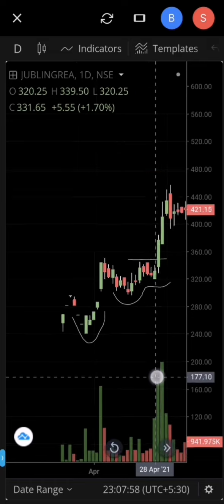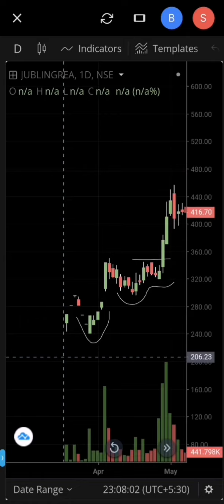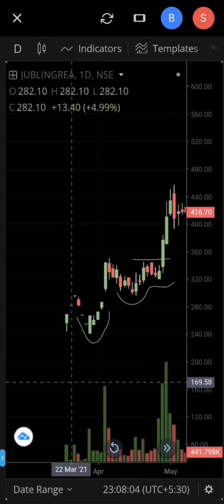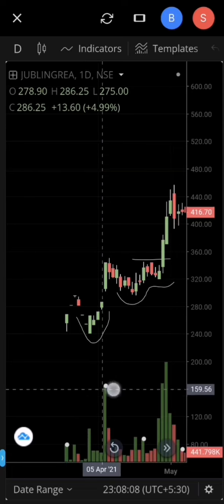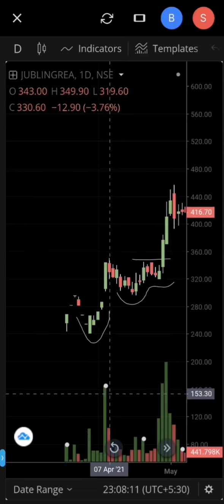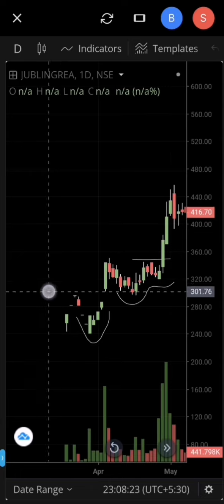In the case of Jubilant Ingrevia, if you could see, the stock got listed, there were two upper circuits consecutively, then it came down and it again went up, and on 6th April it significantly gapped up and a very strong bullish candle was formed. However, this was not a primary base breakout because there is no base actually here.